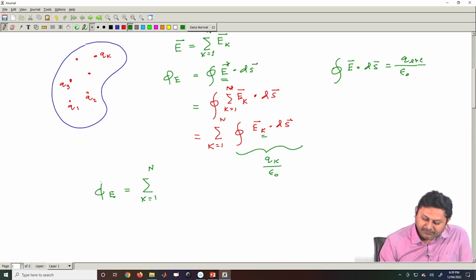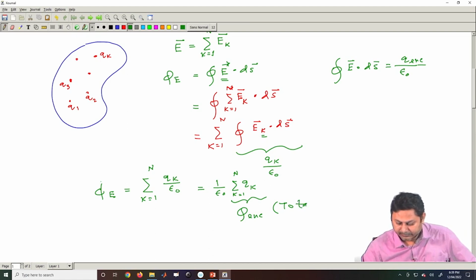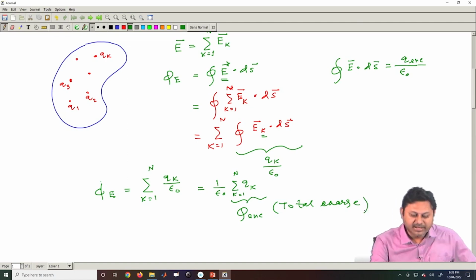Now, this is nothing but 1 by epsilon 0 times the summation of q k, k going from 1 to n. This quantity is my total enclosed charge, and I write it as a big Q. This is the total charge that we have here.